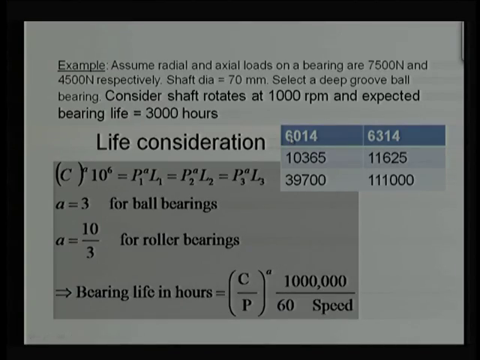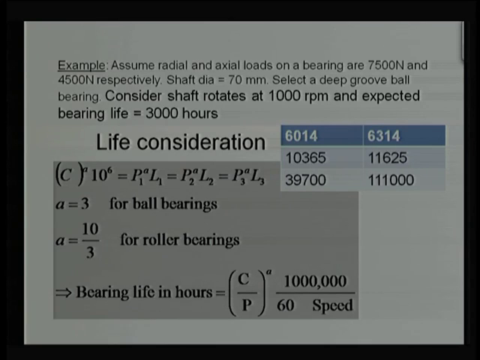If a bearing life of 3000 hours is expected, naturally C by P is going to be the dominating parameter in this case. So for the two bearings we picked up in the previous slide, that is 6014 and 6314, we know very well 63 is a high load carrying capacity series.